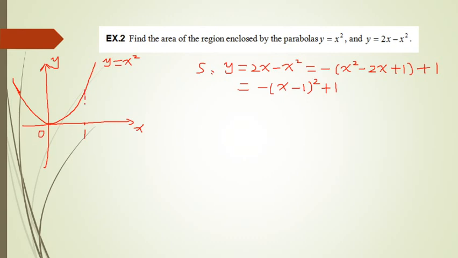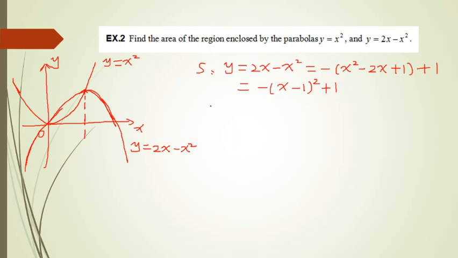The vertex for this other parabola will be when x is 1, y is 1, so it will be here. So the parabola will look like this one. This is the parabola y equals 2x minus x squared.